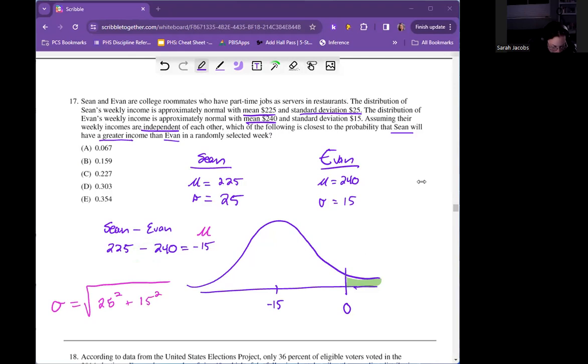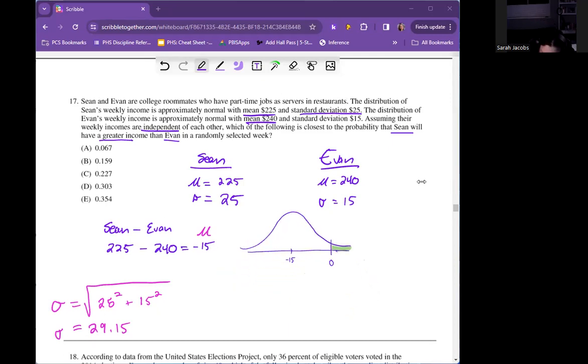So we have to account for that. When we do that, we get the standard deviation of about $29 for the combination. And now we can normal CDF this. Because we're looking for what's to the right, we're looking for this side where Sean is greater than Evan, we're going to say normal CDF.